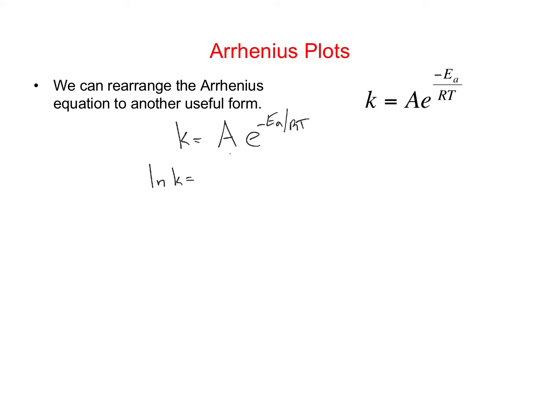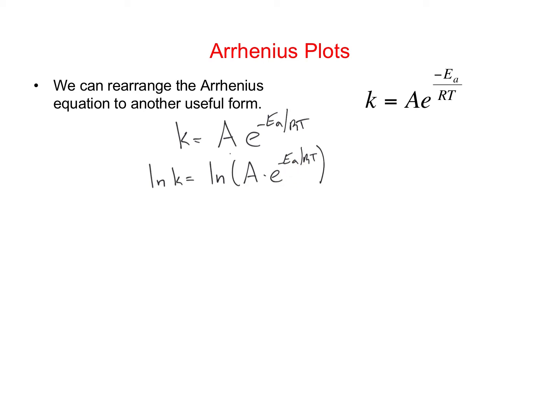So on the left I have the natural log of k. On the right I have the natural log of A times e to the minus Ea over RT. Now, one property of logarithms is that if I multiply two things inside the logarithm, I can write that as the sum of the logarithm of the first part of the product plus the natural log of the second part of the product.